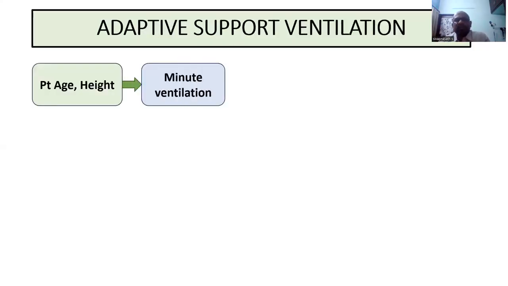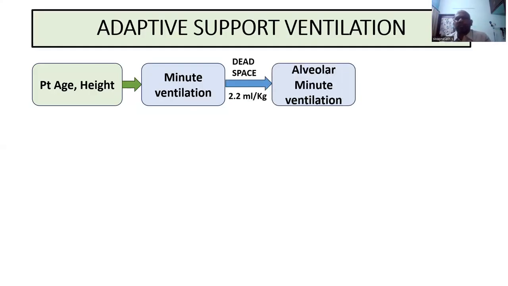What you will input is, once the patient is intubated and connected to ASV mode, the patient's age and height. With that input, it will calculate the minute ventilation, that is 100 ml per kg per minute. And then with the dead space, it will calculate the alveolar minute ventilation.